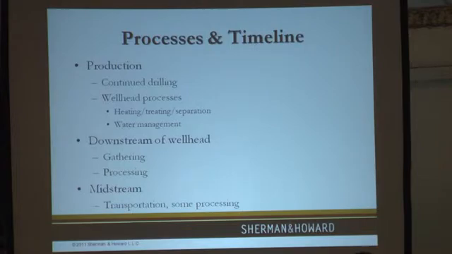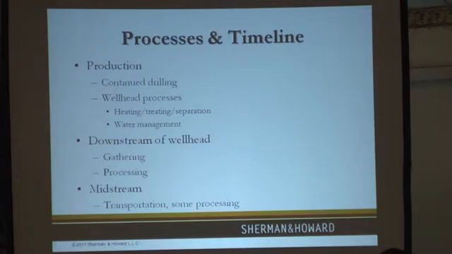But gathering is lower pressure pipelines going to a point where it might undergo some processing in the midstream area to remove water, to remove non-methane gases. And then midstream, the term you'll hear is transportation, and it's the higher pressure pipelines.